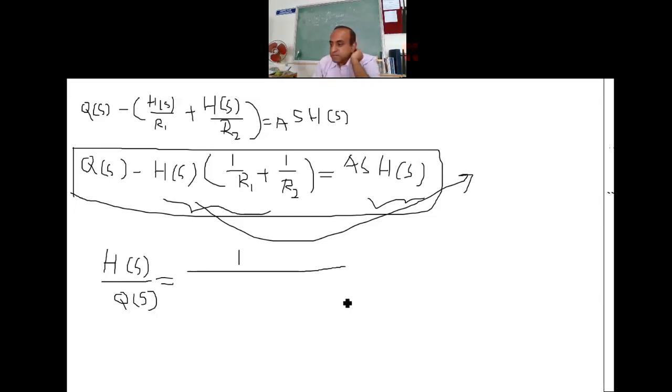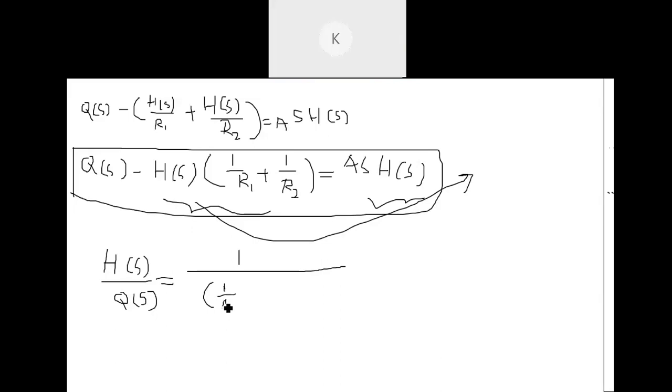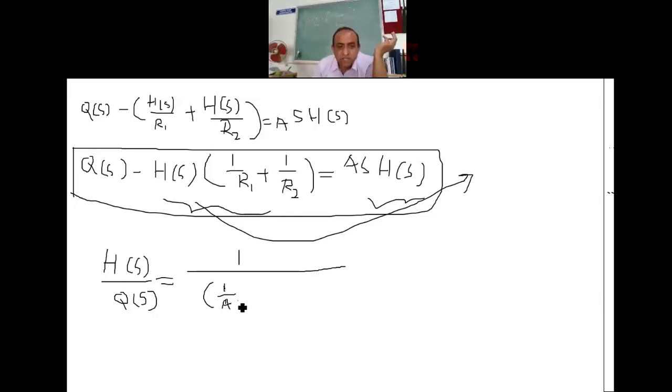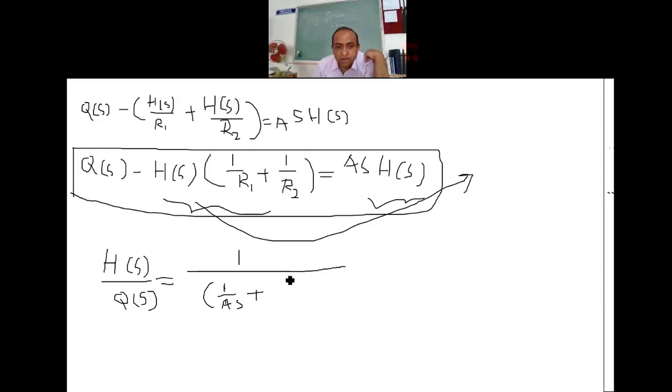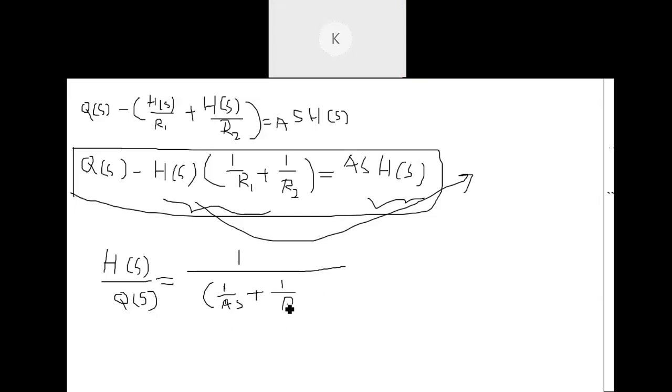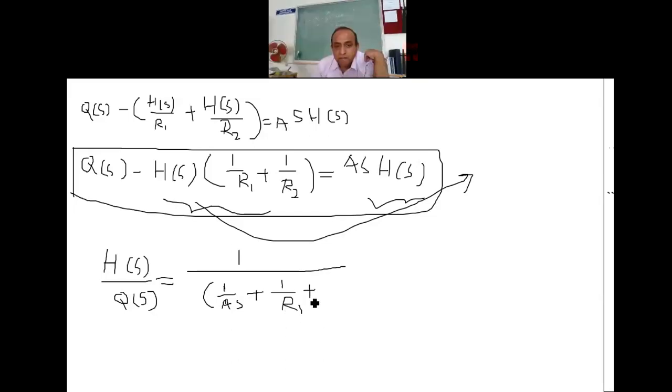You get 1 divided by A into S plus 1 by R1 plus 1 by R2.